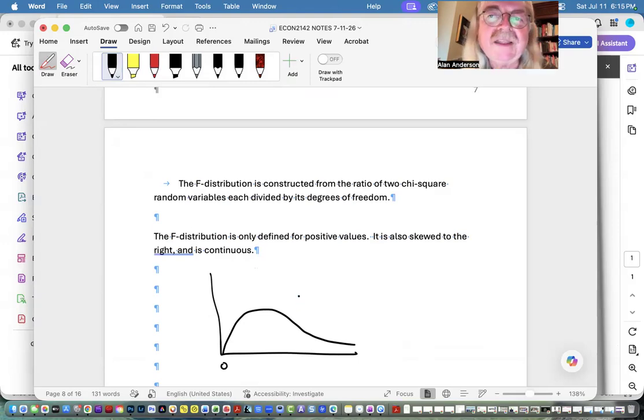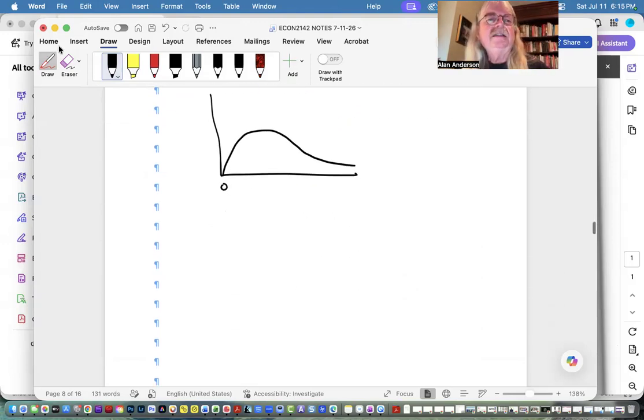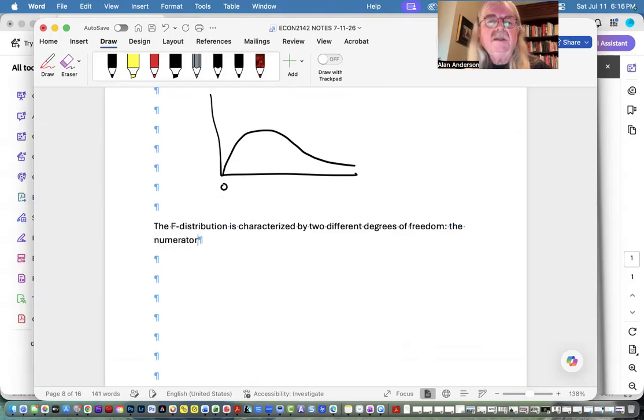Now, here's one of the quirky things about it, though. The F distribution is characterized by two different degrees of freedom, and they're called the numerator degrees of freedom and the denominator degrees of freedom.